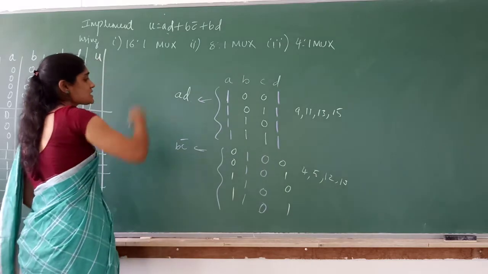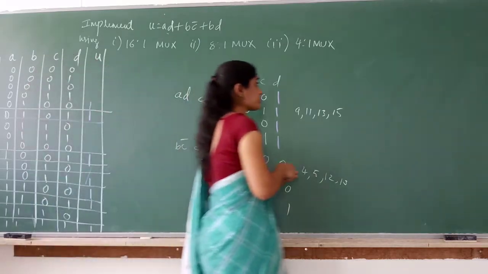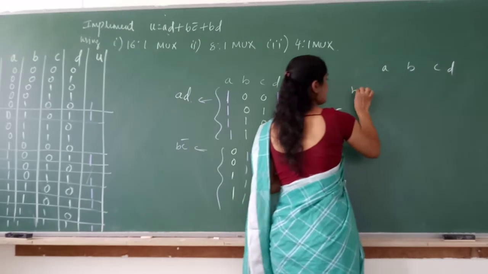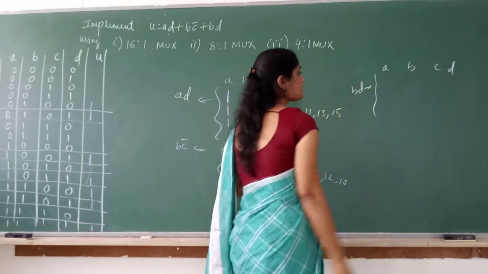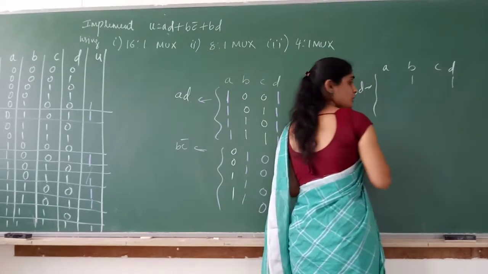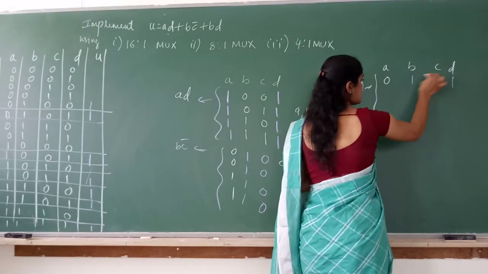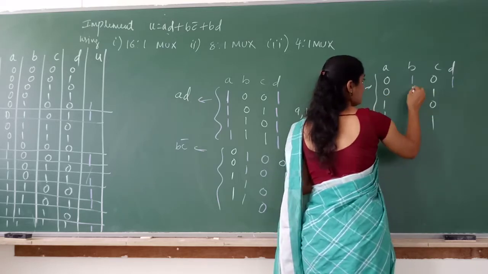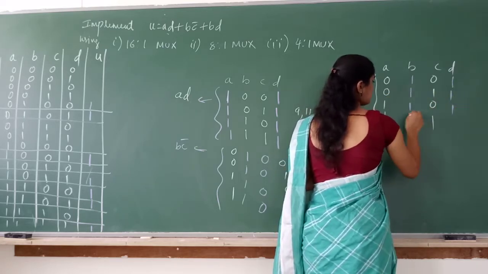The last term is BD. What does it mean? B is 1, D is 1. A and C can be 00, 01, 10, 11, but BD has to be 1, 1.